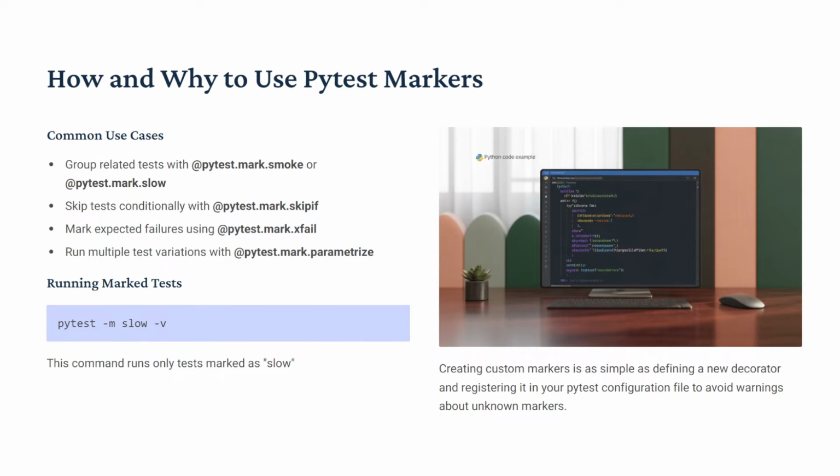So, how and why do you use PyTest markers? Common use cases include grouping related tests with @pytest.mark.smoke or @pytest.mark.slow. It is also used to skip tests conditionally with @pytest.mark.skipif, and for marking expected failures using @pytest.mark.xfail.